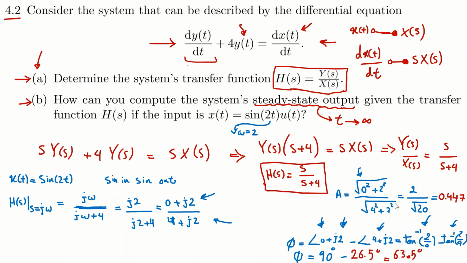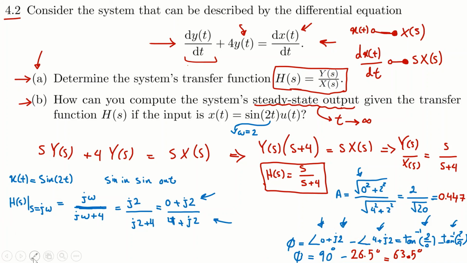Well, I calculated the magnitude here using the calculator. It almost equals 0.447, and the angle here, the arctangent of 2 over 4, is almost 26.5 degrees. So if I do the calculation, you get 63.5.